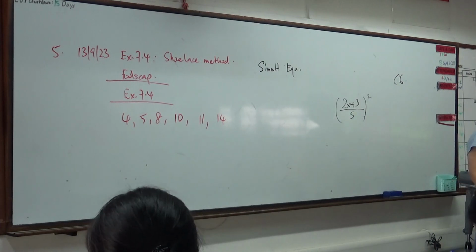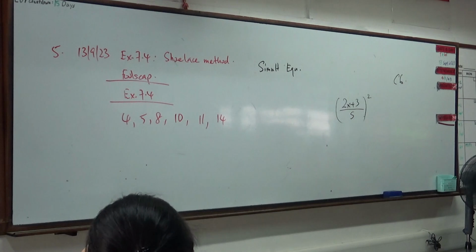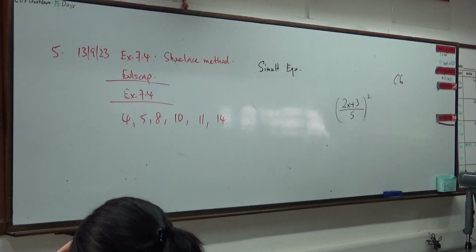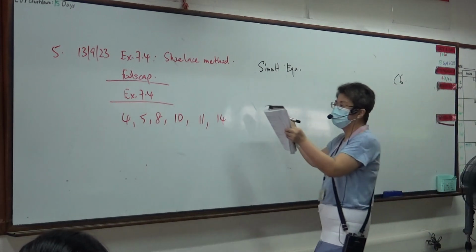How would you square this? Top square and then bottom square. Don't go and put 2/5 x plus 3/5, then go and square until you die. I told you before in January. Now is September, understand? I think after 9 months you can still remember, right? Okay, good. Simultaneous equation. Okay?